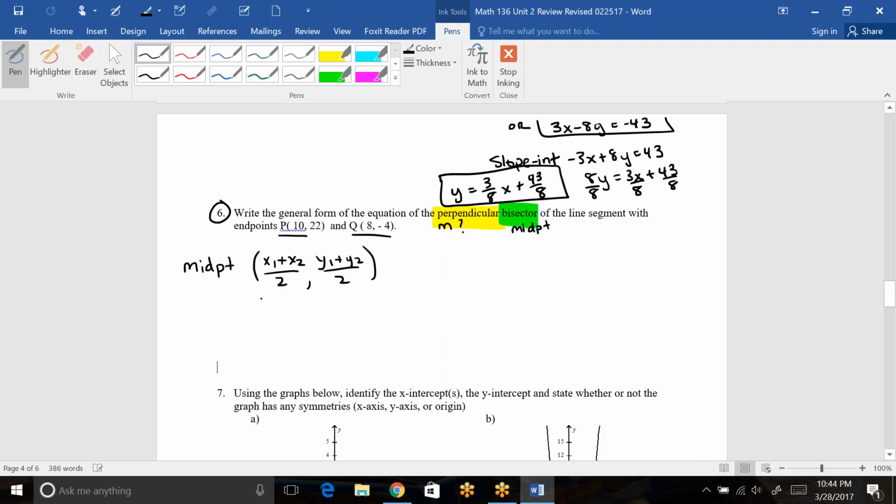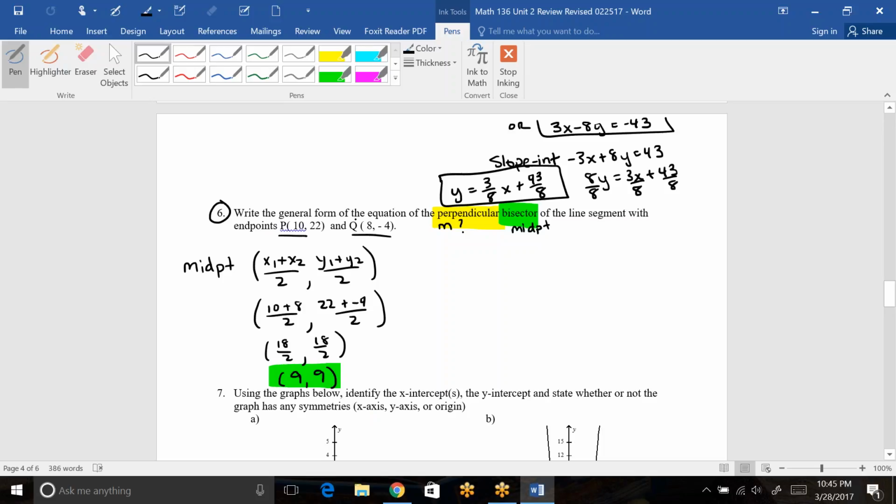So we just write this as 10 plus 8 cut in half. 22 plus negative 4 cut in half. That is 18 over 2 and 18 over 2. So this ends up being 9, 9. This will be used in a minute when we go to do our equation at the end, but there's the bisector.